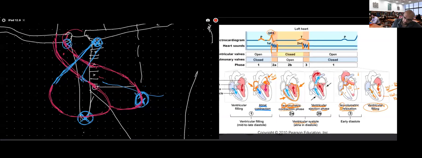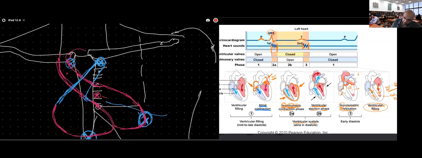So where can I find the apex? The apex is in the fifth intercostal space, the fifth space between my ribs, at the mid-clavicular line. You draw a line in the middle of the clavicle, you keep going down to the fifth intercostal space, or in an easier way, just below the breast.